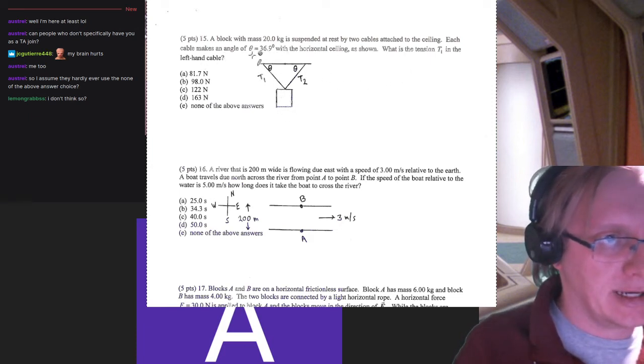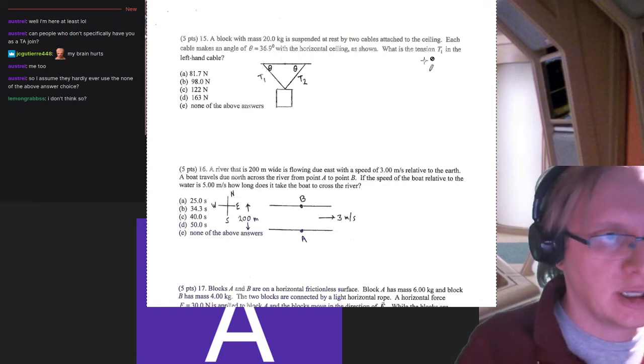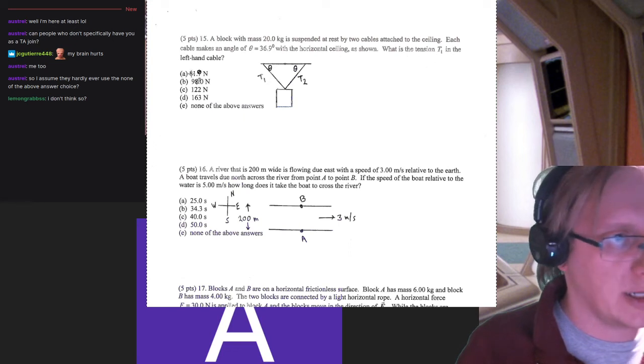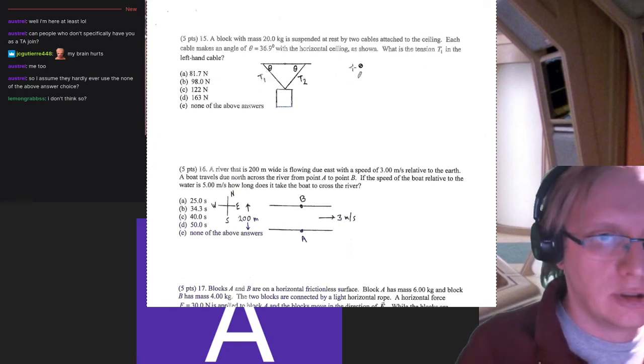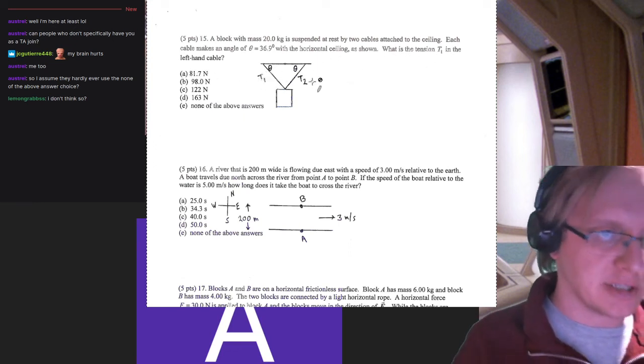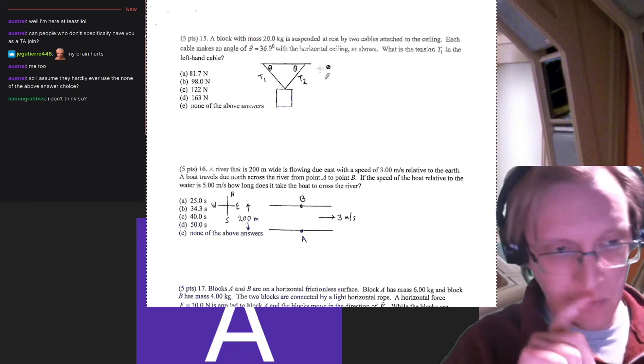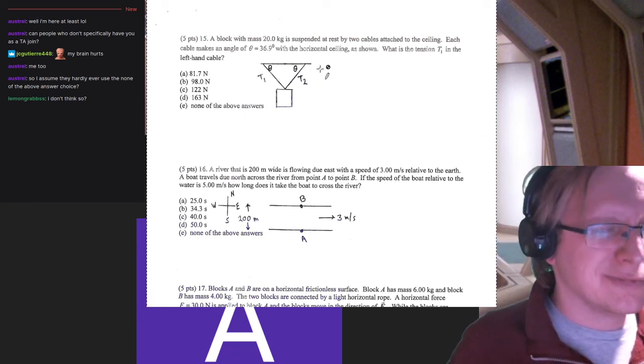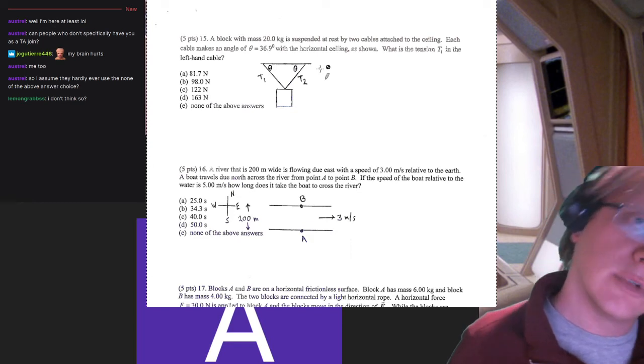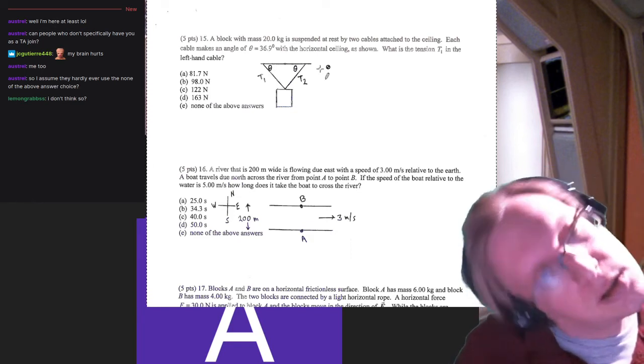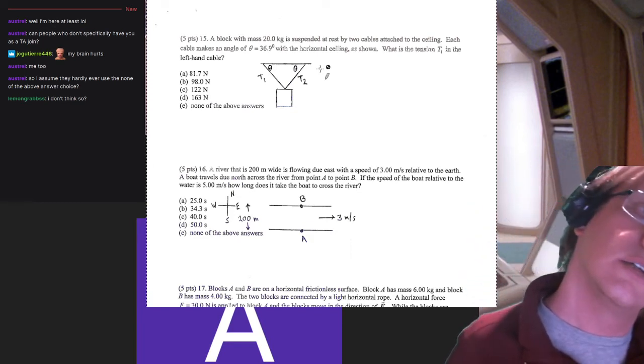Each cable makes a, how nice of them, 36.9 degree angle with this horizontal ceiling as shown. It wants to know the tension T1 in the left hand cable, which, because it's symmetric, is also equal to T2. All right. Okay. Tension T1. Okay.